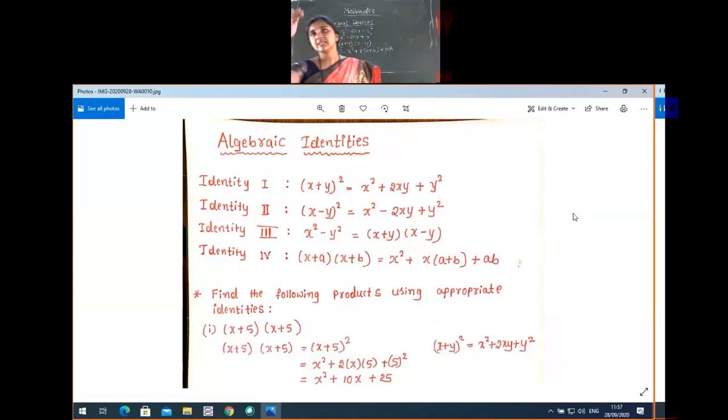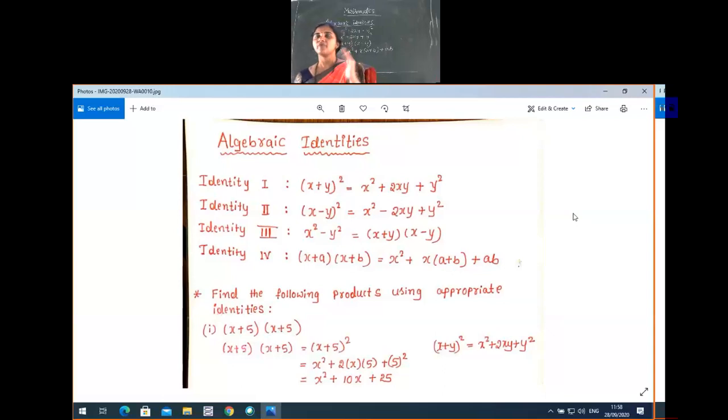But these 4 identities you already learned in 8th standard, including the verification. So directly I'll take these 4 algebraic identities for today's class and we will work out a few problems related to this. And for the new identity, I'll give the derivation first.